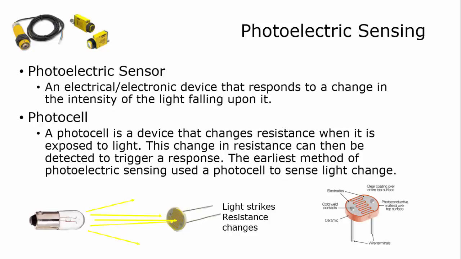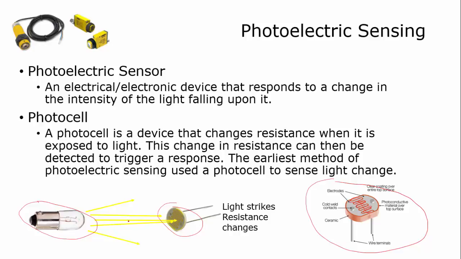And I'm showing a photocell down here in the corner. You can see it has some elements on it that are solid state in nature, and there's just 2 pins on it. And the earliest photoelectric sensor was nothing more than a photocell and a light bulb.